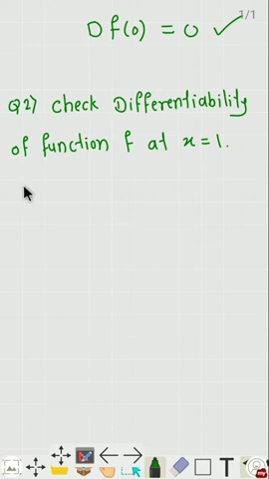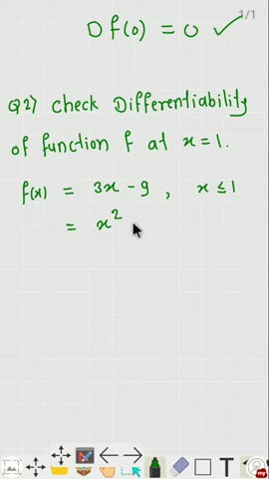Here function is given: f of x is equal to 3x minus 9 when x is less than or equal to 1, and x square plus 2 when x is greater than 1. So this is the given function.